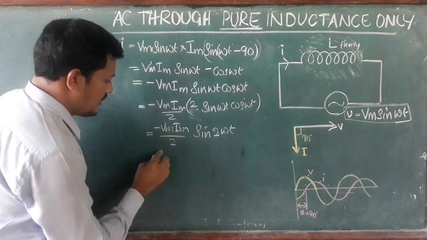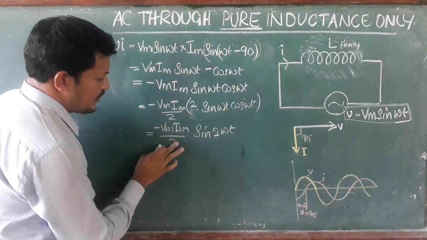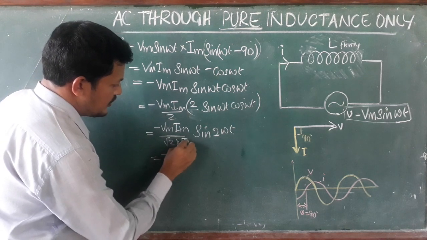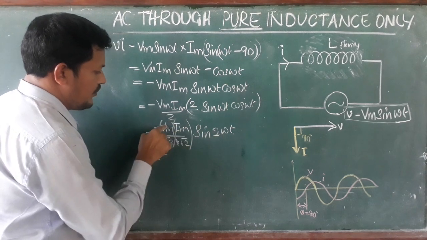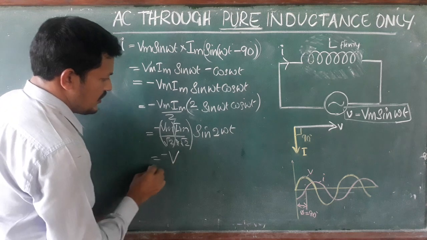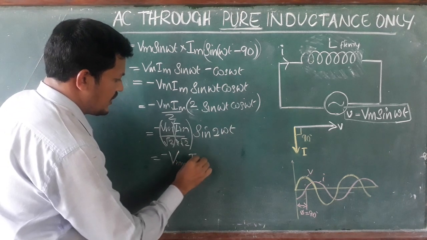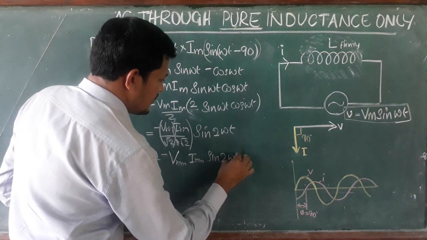Now here minus Vm by root 2 and Im by root 2, since 2 equals root 2 into root 2. So I am taking this value. Clear? Vm by root 2 means the RMS value: V RMS and I RMS into sin 2 omega t.